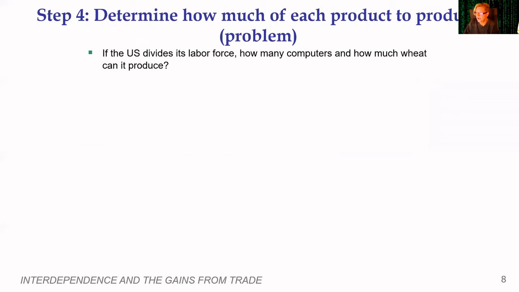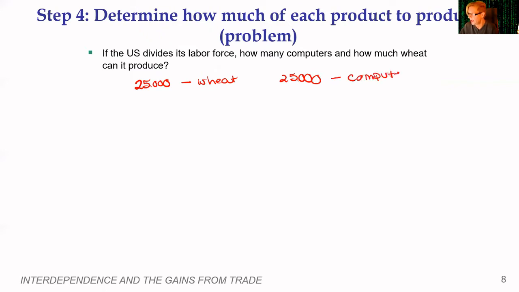If the US divides its labor force, how many computers and how much wheat can it produce? Essentially, we're ignoring anything else here, and we're just saying by itself, the US alone is going to use 25,000 labor hours to produce wheat and 25,000 labor hours to produce computers.